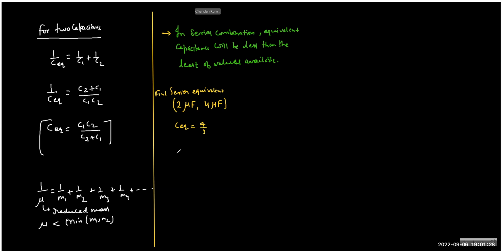Yes. If I give 15 microfarad and 6 microfarad, then 90/21, uh, 30/7. 21 microfarad and 7 microfarad. 21/4. Very good.